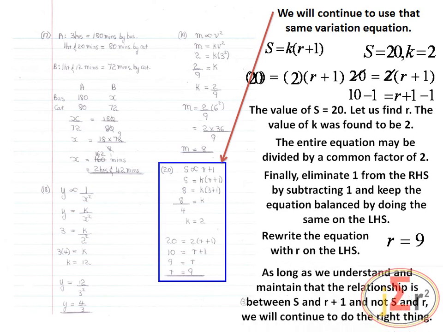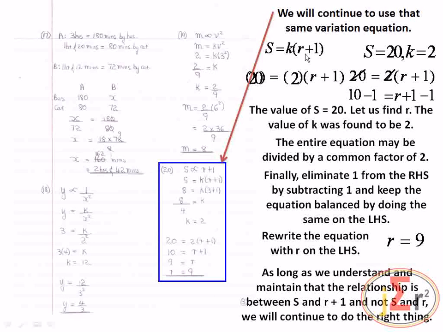As long as we understand and maintain that the relationship is between s and r plus 1 and not s and r, we will continue to do the right thing. So we have to declare that the relationship is between s and r plus 1 and not between s and r.